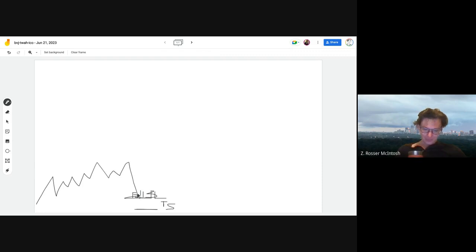Now, if this goes up, we were filled here. We have this distance between our buy limit and our trailing stop, and the market has just gone straight up to here. So now we're here. That trailing stop is also going to follow and will be the same distance below.